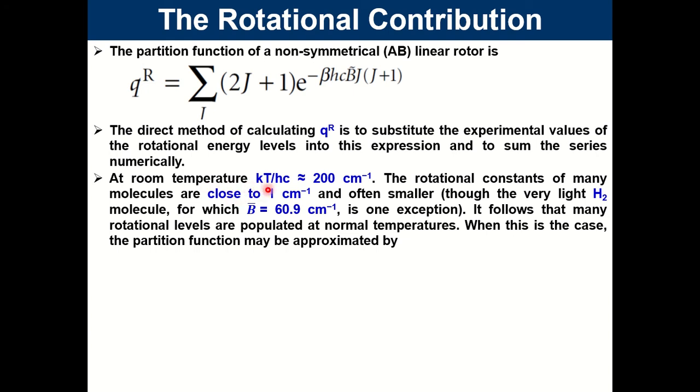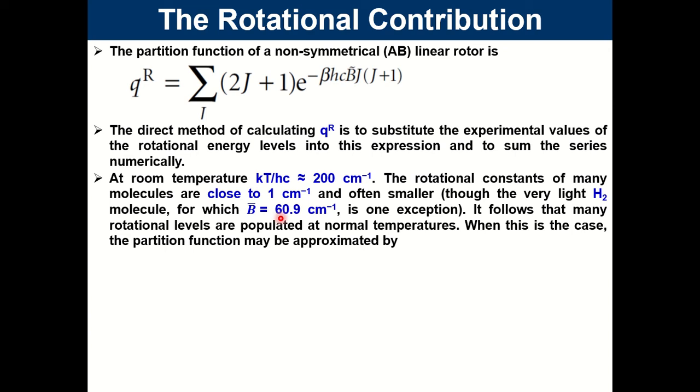The B bar we have is the rotational constant. It has a value of about 1 cm inverse, but in very light molecules such as hydrogen it has a much higher value, around 60.9. This is an exception, and under these conditions the separation between the energy levels would be much greater.